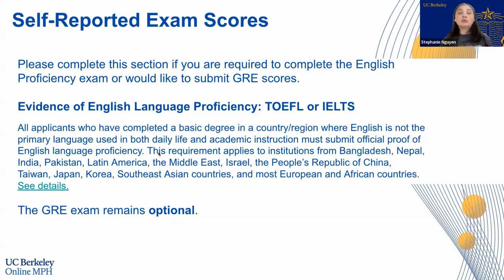The GRE is going to remain optional for applicants. If you do want to submit GRE exam scores, this can be great for a candidate that doesn't have much quantitative background. You can also set yourself up for success by aiming for the 50th percentile or higher. That's generally what I would consider a competitive score.